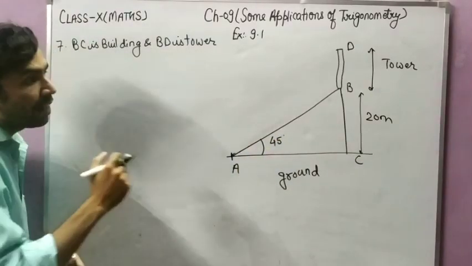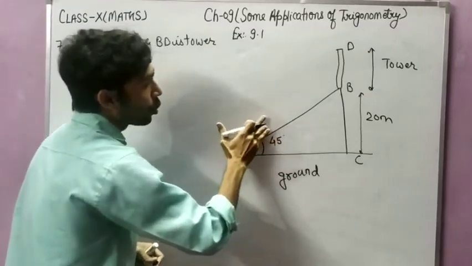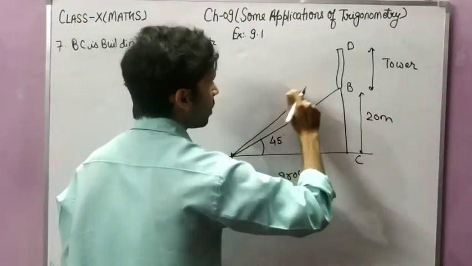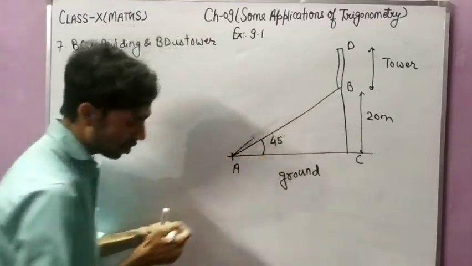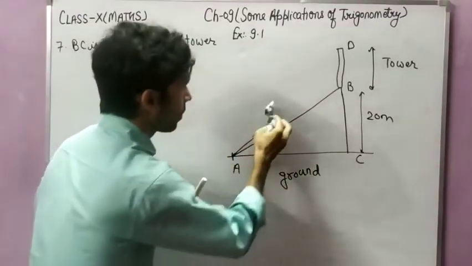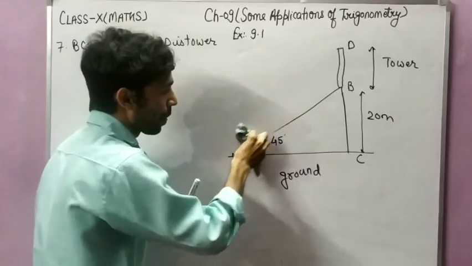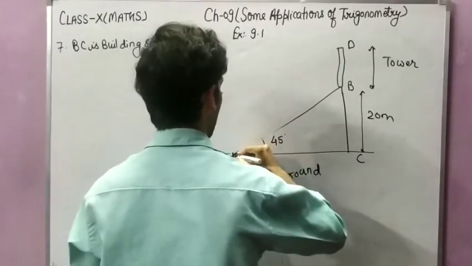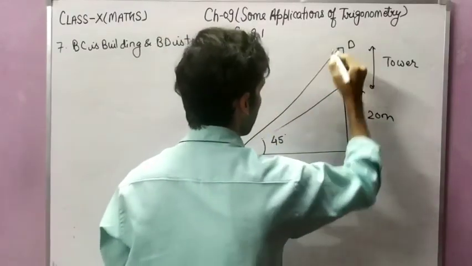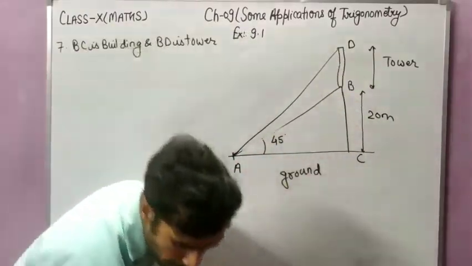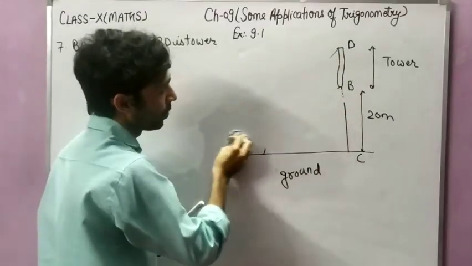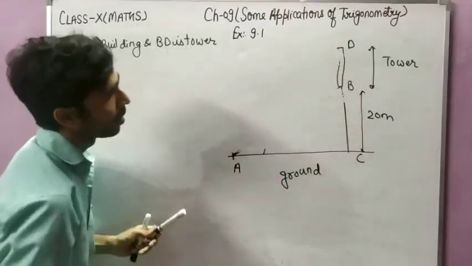Okay, and when we will see the top of the transmission tower, the angle of elevation becomes 60 degree. ठीक है, so suppose I am drawing like this, it is not making correct. Let me draw one more time.